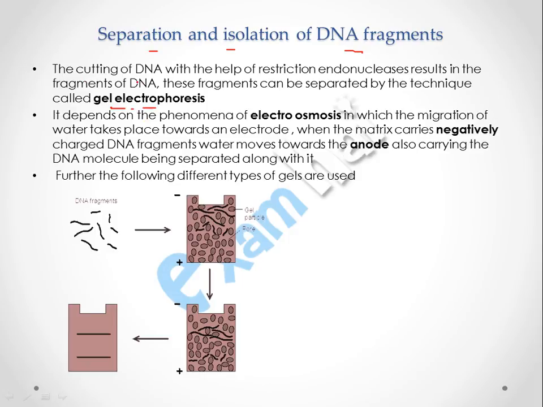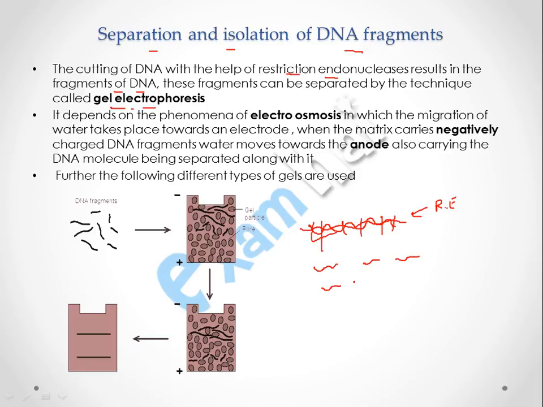First of all, the cutting of DNA with the help of restriction endonuclease. Restriction endonuclease cuts the DNA at a specific site, resulting in fragments of DNA. So this is a DNA, and when restriction endonuclease acts on it, it makes specific cuts on the DNA like that.